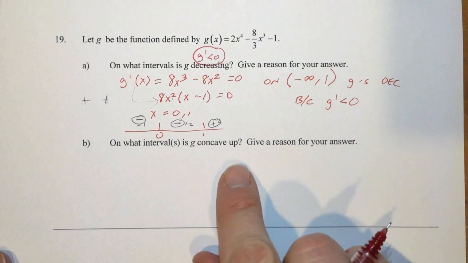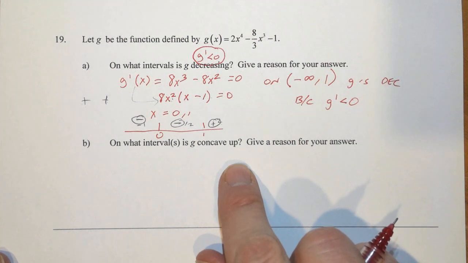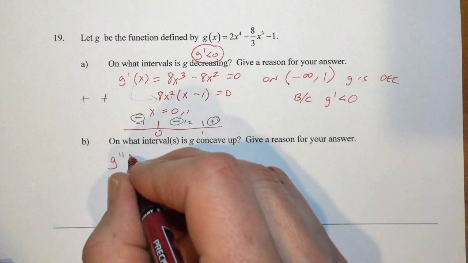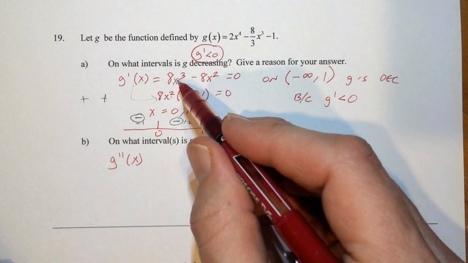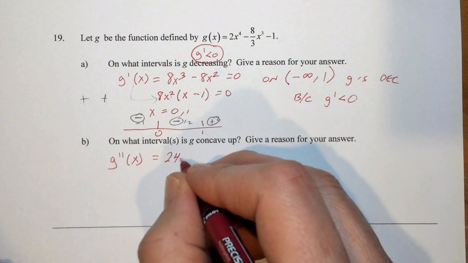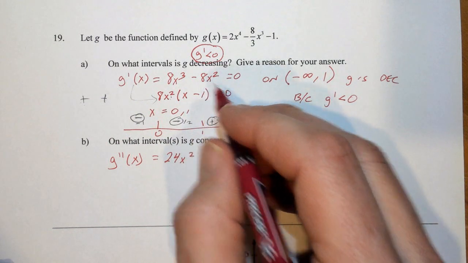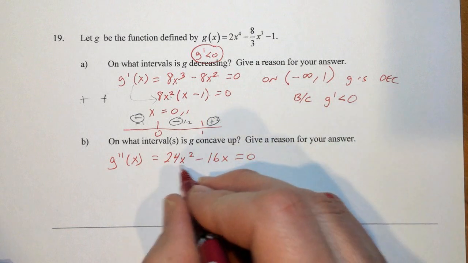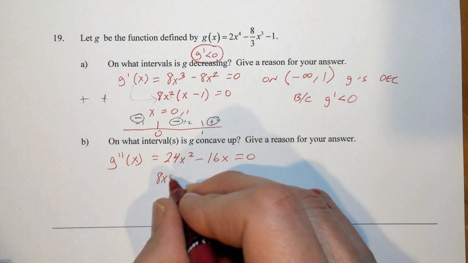How about when is g concave up? Okay, well this is now a concavity test, which means we need g double prime of x. The derivative of 8x cubed is 24x squared, and the derivative of 8x squared is 16x. We're going to set that equal to 0. Two terms, they have an 8x in common.